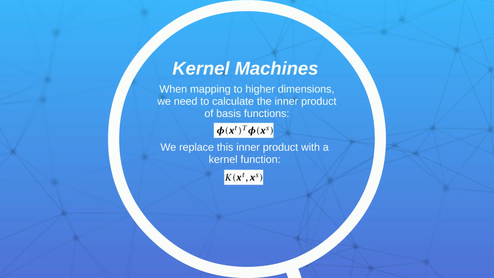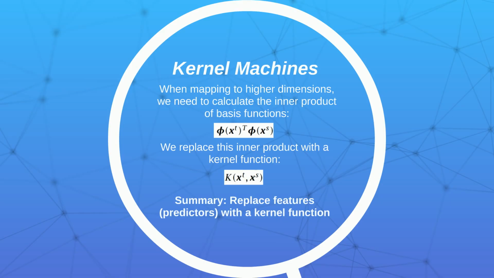So this implies that if we have the kernel function, we do not need to map it to a new space at all. Actually, for any valid kernel, there exists a corresponding mapping function, but it may be much simpler to simply use our kernel function rather than calculating this inner product and then taking the dot product as well.